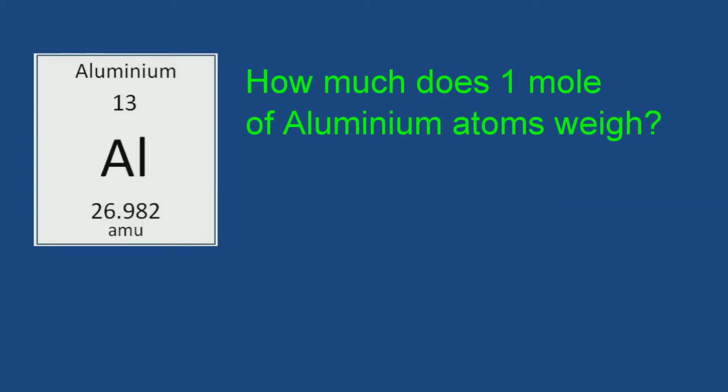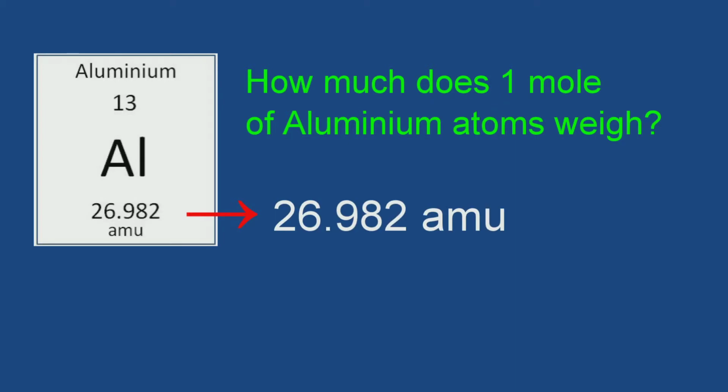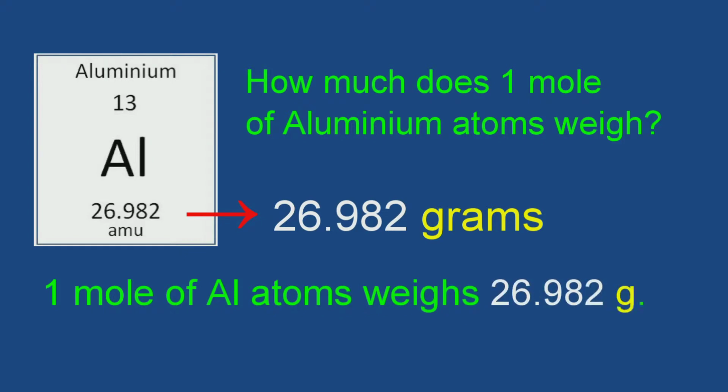Okay, so how much does 1 mole of aluminum atoms weigh? Well, we take the AMU number, and once again, we erase the AMU and we write in grams, and we have our answer. 1 mole of aluminum atoms weighs 26.982 grams.